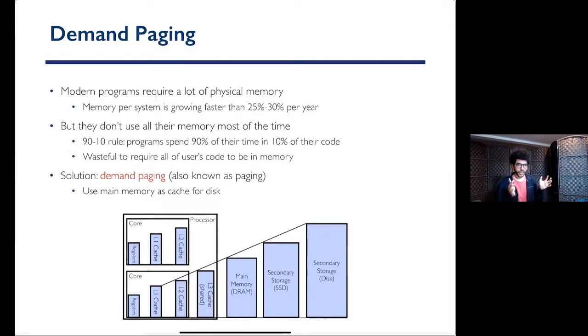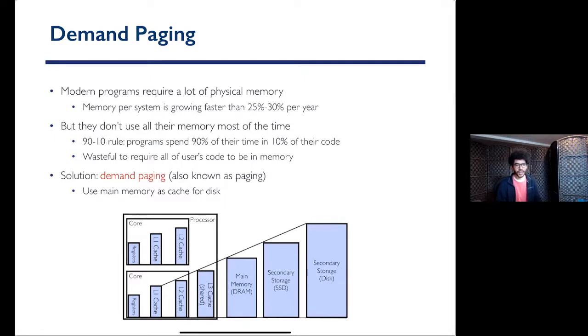And if you focus on a short period of time, it's even smaller. Maybe an application in its entire lifespan uses some number of gigabytes of memory, but at any given short period of time, it's probably using a very small fraction of that address space. So that's the second fact.